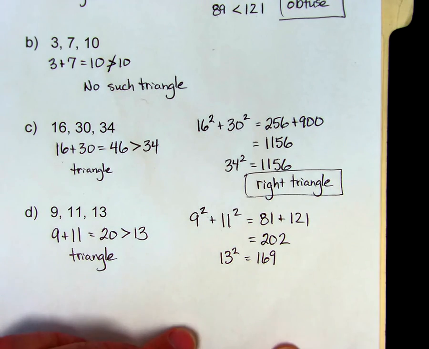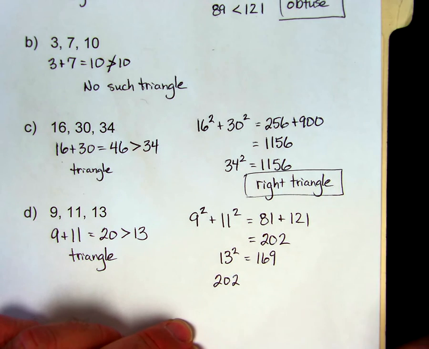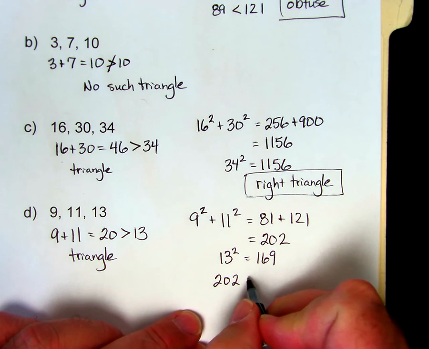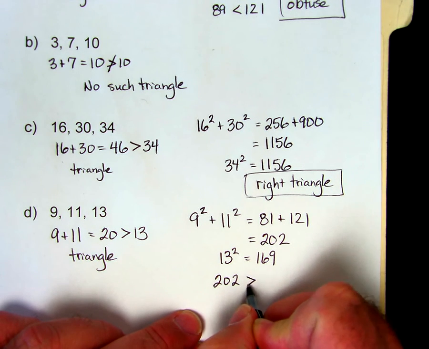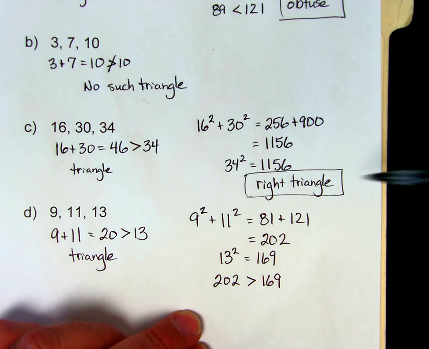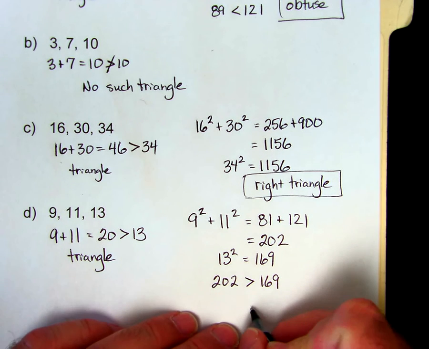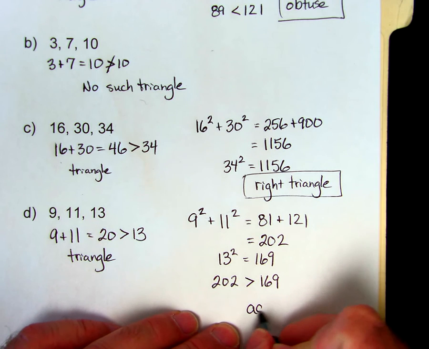In this particular case, the sum of the squares of the two shorter sides is bigger than the square of the longest side. What we're saying here is that the third side is too short to be the hypotenuse of a right triangle. So that's saying then that our triangle is an acute triangle.